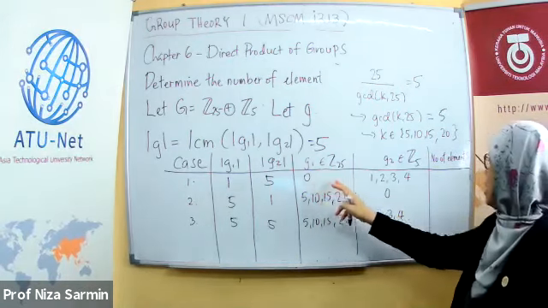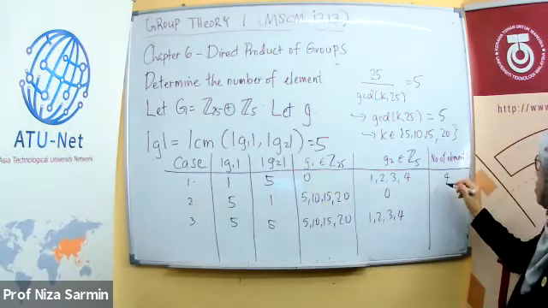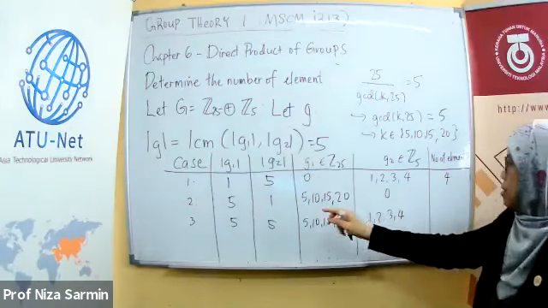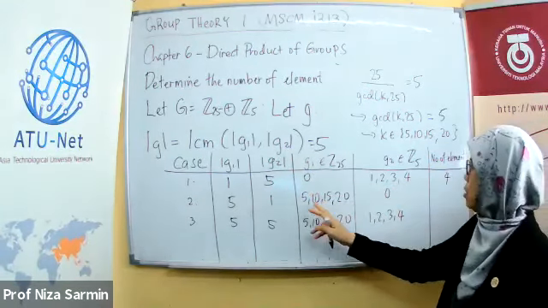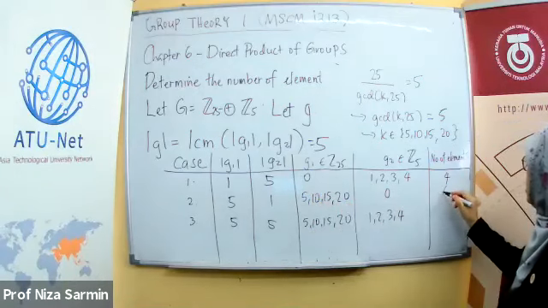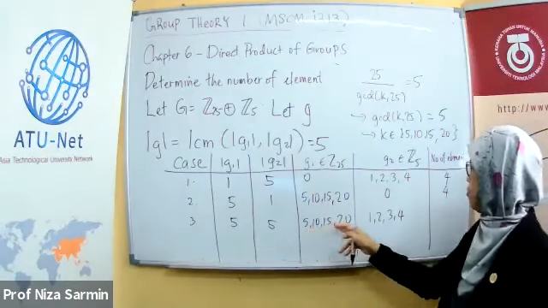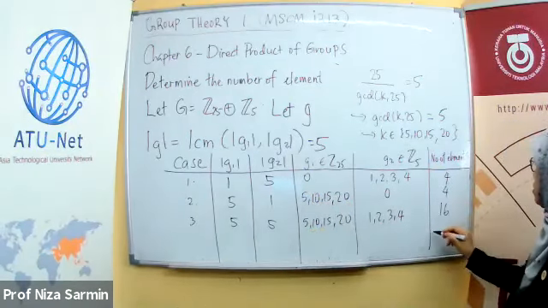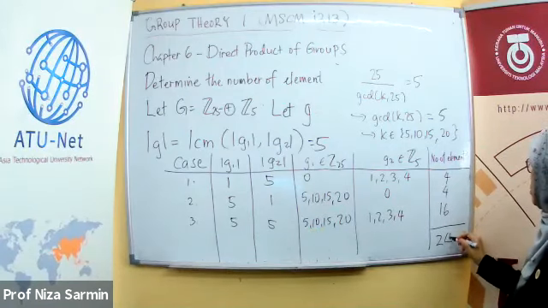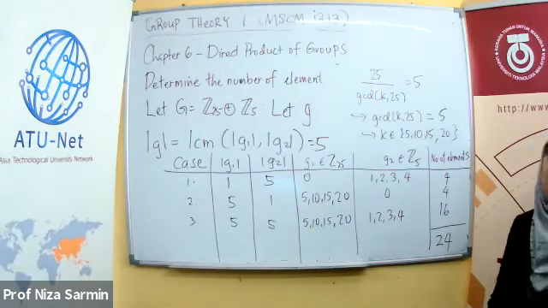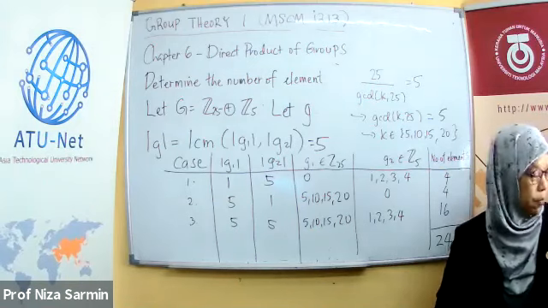So that's 1 times 4. 1 times 4. 4 times 1. 4 times 4. So the answer is 24.